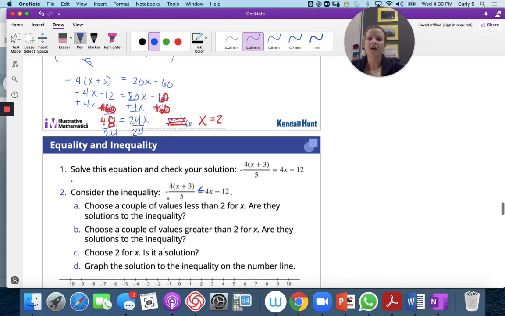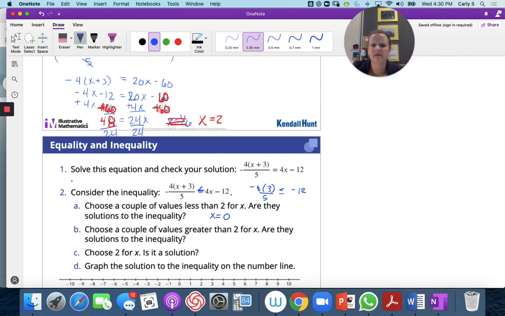Just slightly bad. All right, so consider this inequality. Choose a couple of values less than 2 for x. Are they solutions to the inequality? I'm going to choose 0 because I know that's smaller than x and it's easy to figure out. So I have negative 4, if x is 0, that's 3 over 5. Is that less than or equal to 4 times 0, which is 0, minus 12?